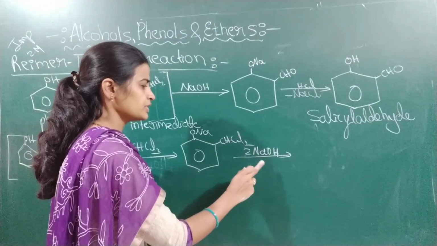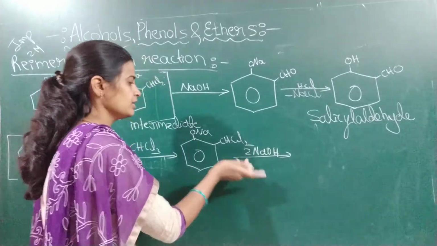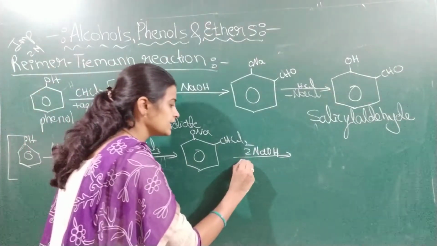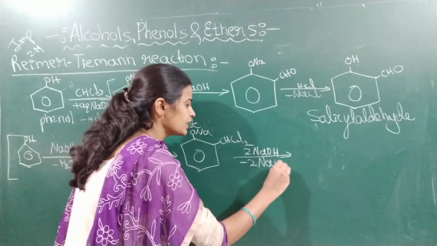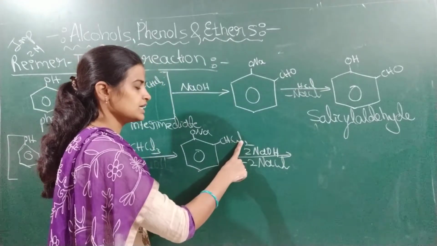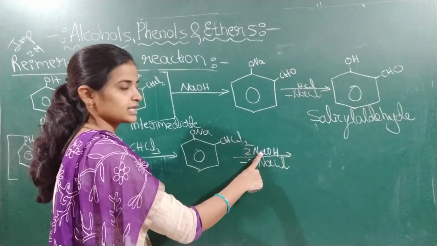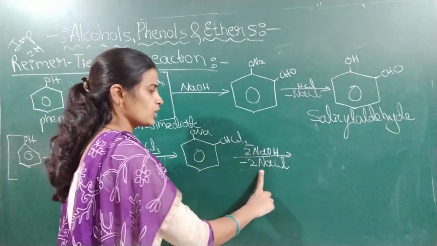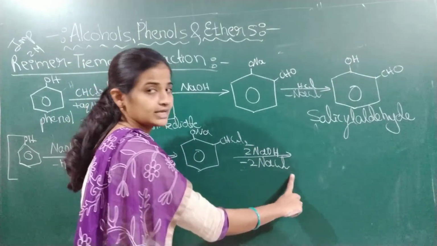Okay, what happens? These 2 Nas will react. 2 NaOH will react to eliminate 2 NaCl. 2 Cl's are there, okay, 2 Nas are there, so therefore what got eliminated? 2 NaCl got eliminated.